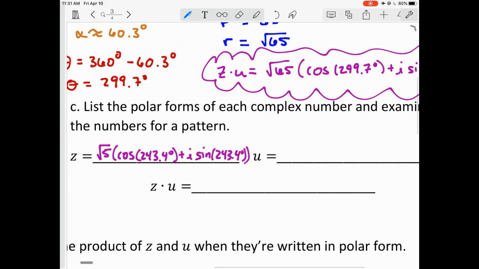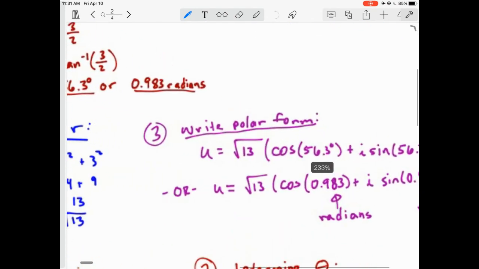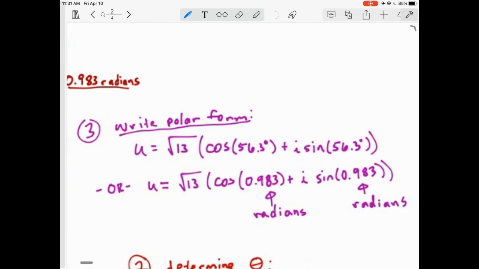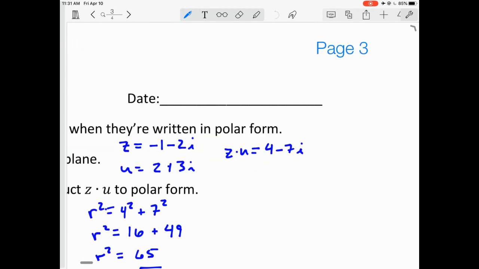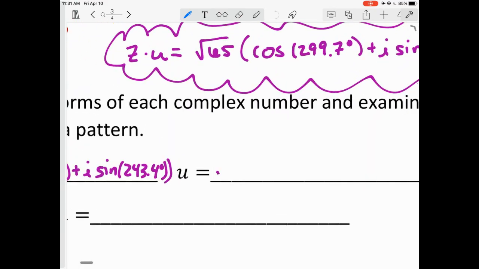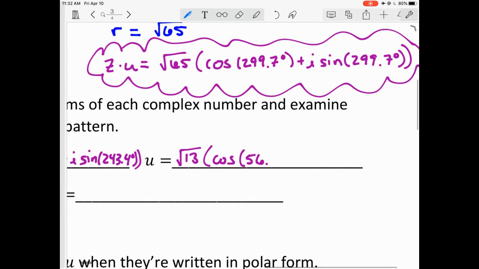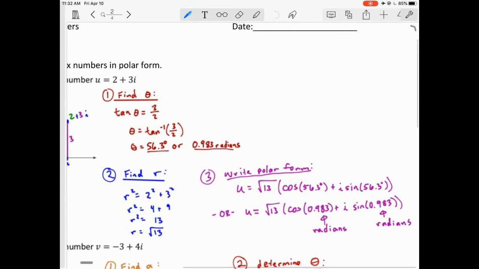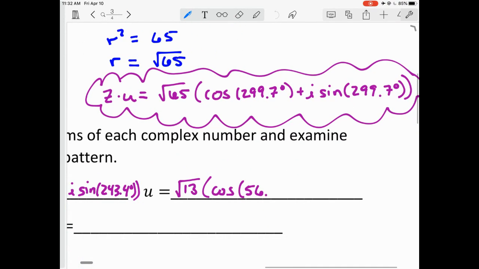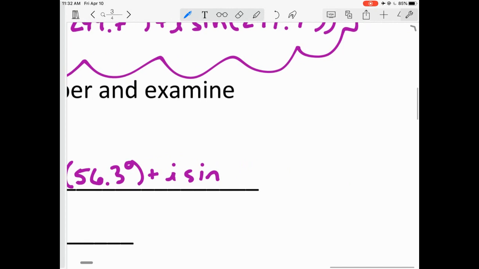All right, we also found u on the last page. Going back to the last page, u in polar form was square root 13 cosine 56.3 degrees plus i sine 56.3 degrees.